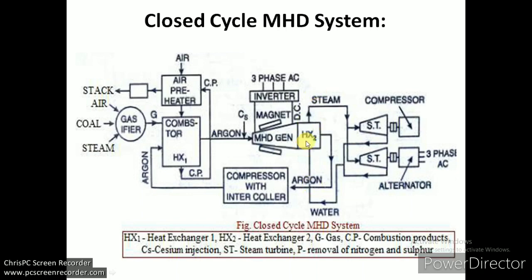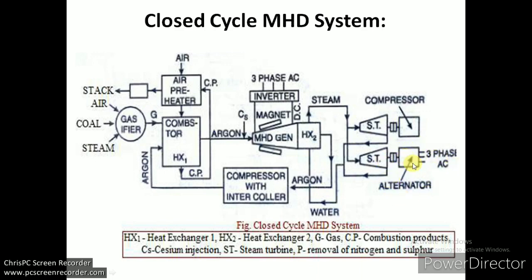As you can see in this heat exchanger, the gas coming out from the MHD generator has a sufficient amount of heat energy, which is utilized to convert water into steam, and this steam is supplied to a steam turbine, which is used to run the compressor as well as the dynamo to generate electricity.